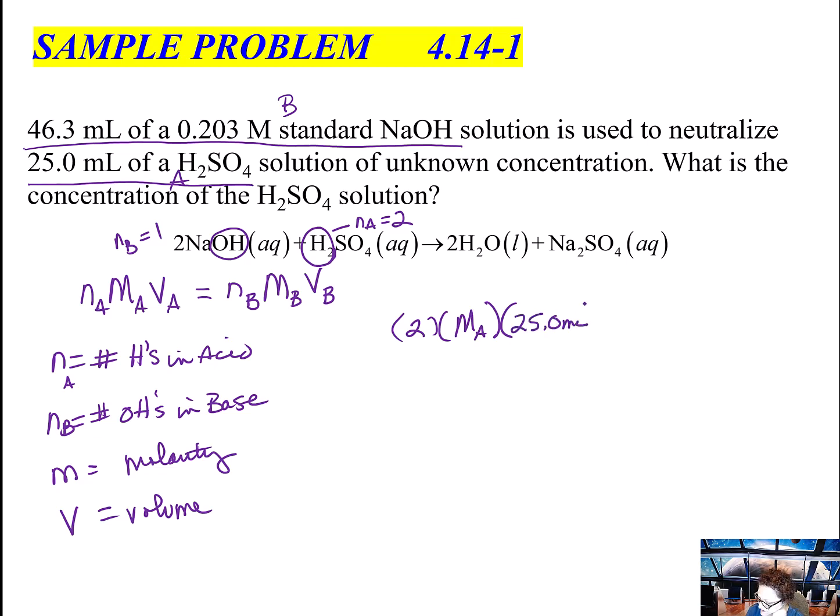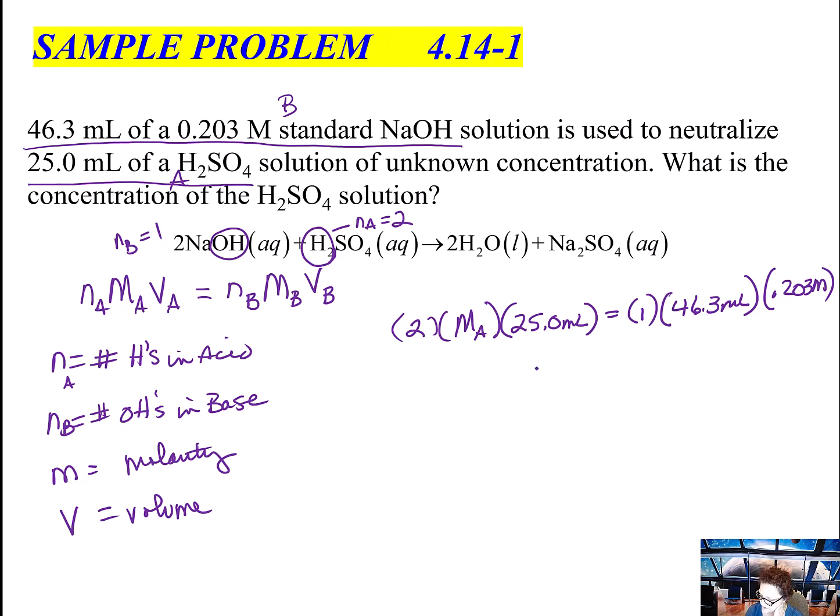You've got to be really careful about which one is which, so you might even want to write that down: 25 acid, 46.3 base, whatever. And then that's going to be equal to the base side. We had 1 hydroxide times 46.3 milliliters of the base times 0.203 molar of the base.